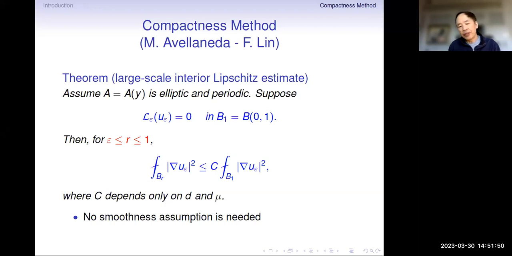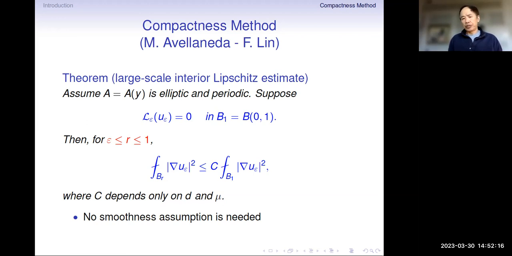Okay, again, I emphasize that no smoothness assumption on the coefficient A is needed, but we do need to assume that A is periodic, or one-periodic in this case here. Okay. So this is referred to as large scale, large meaning that r is greater or equal to epsilon.